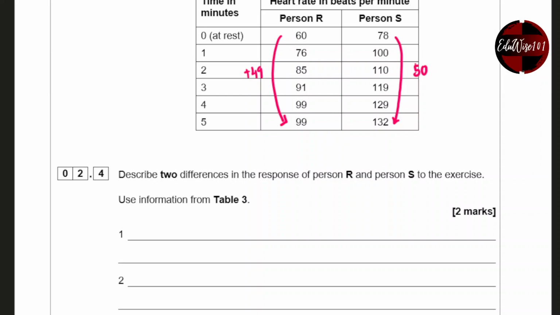So let's take the individual numbers. From there to there, it increased by 16. From 76 to 85, it increased by 9. Then it increased by 6. It increased by 8.